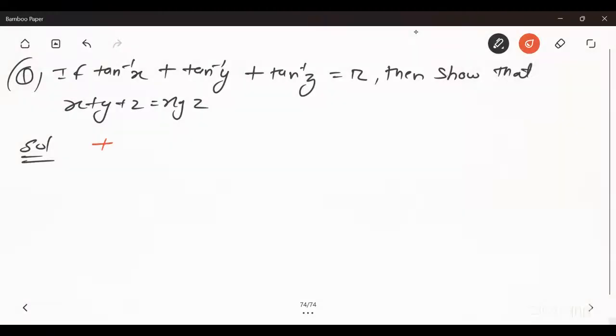Then tan inverse x, let tan inverse x is equal to a. I am taking tan inverse x as a. So x is equal to tan a.